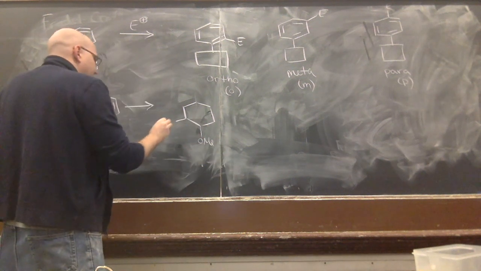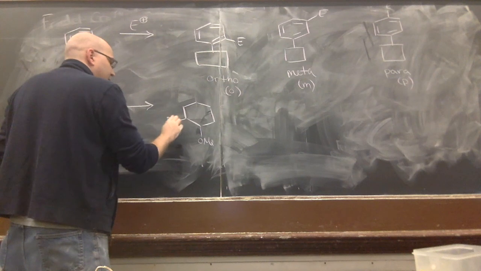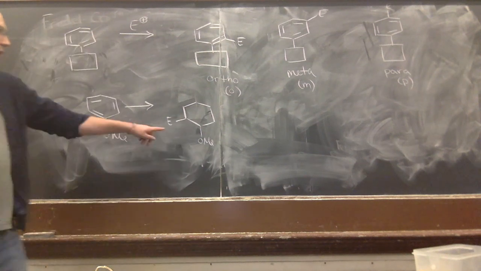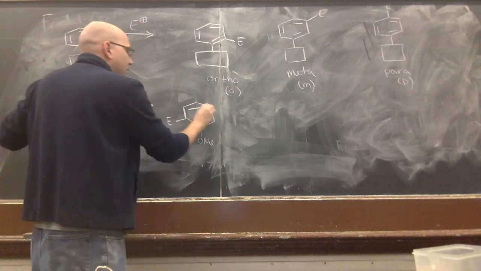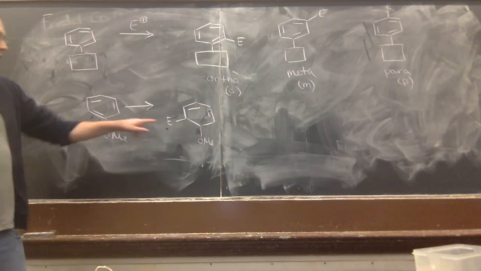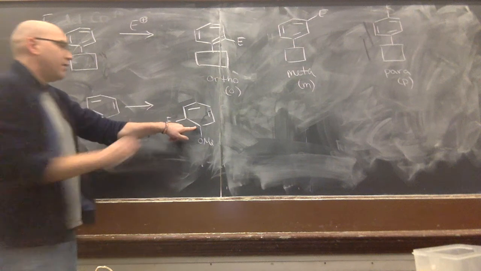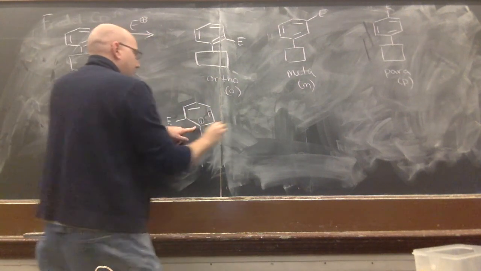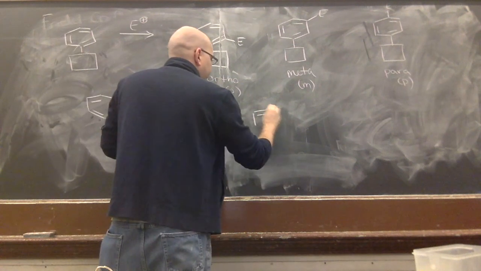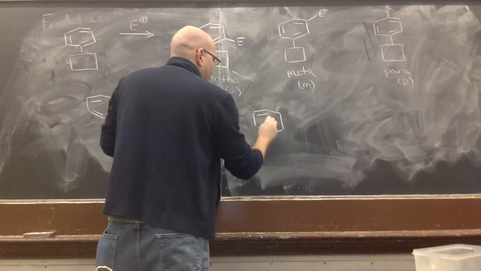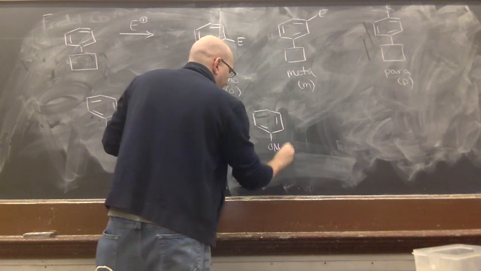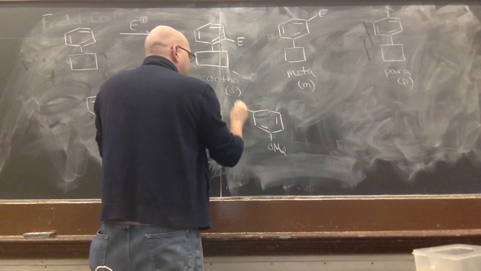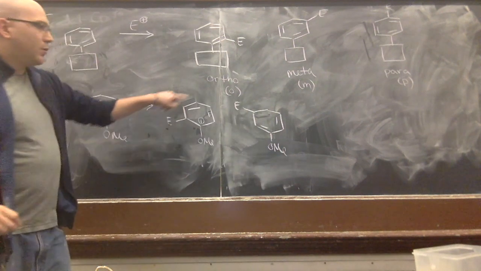If that's our methoxy, and this is our E, and I react the E at this position across this alkene, where's my positive charge going to be? It's going to be there. If I react my E at that position, where's my positive charge going to be?